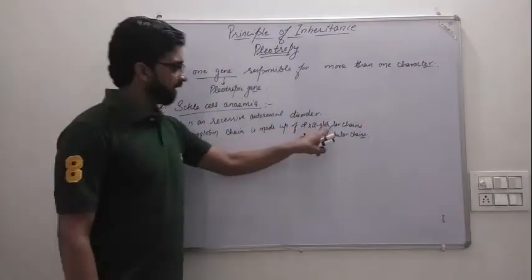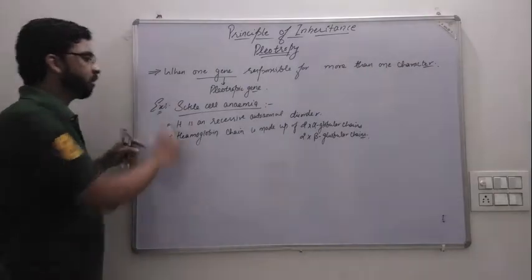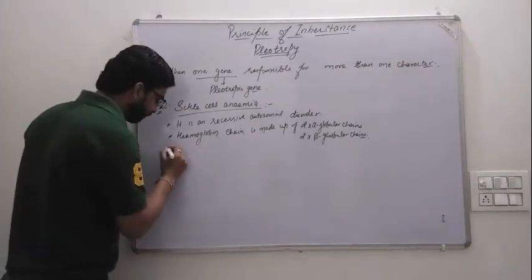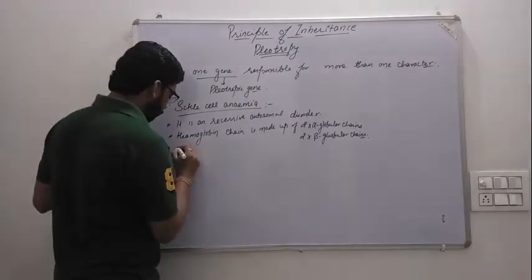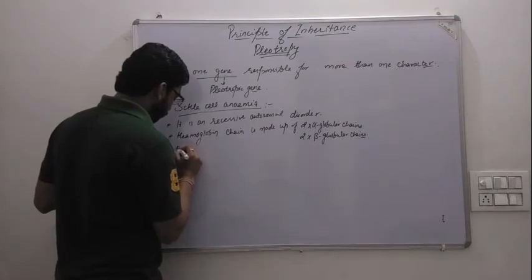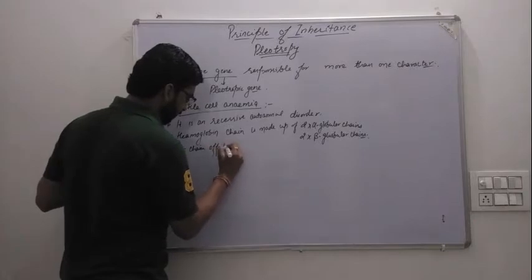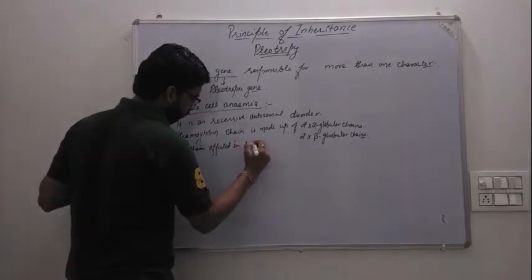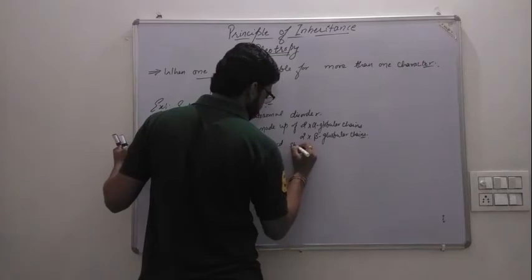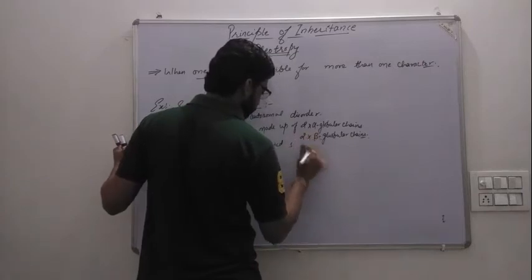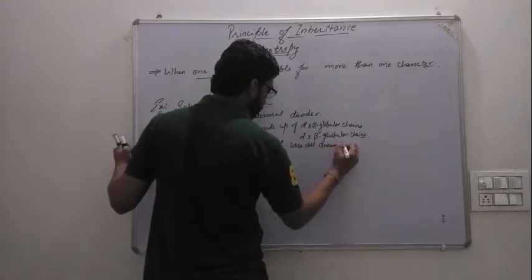Either the alpha globular chain or the beta globular chain being affected is responsible for sickle cell anemia. Next point is that one chain affected in both cases causes sickle cell anemia.